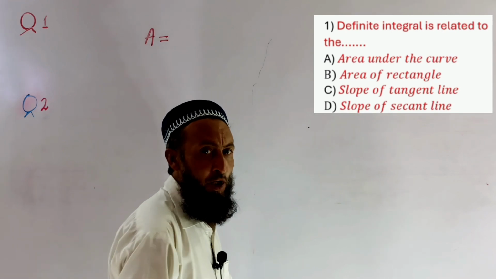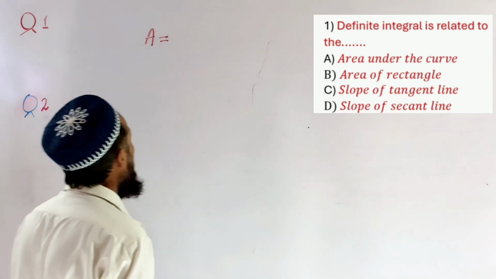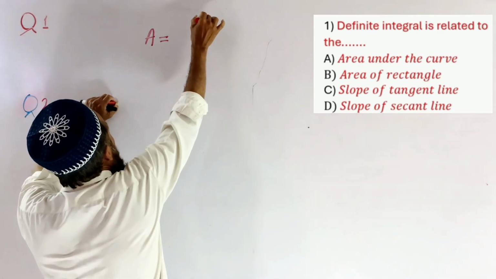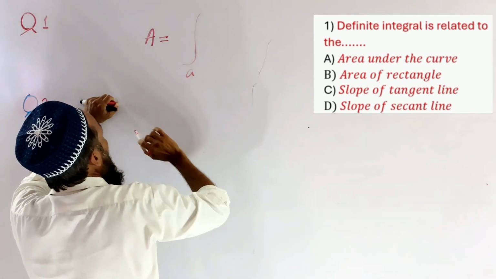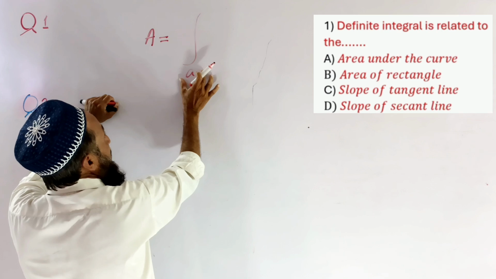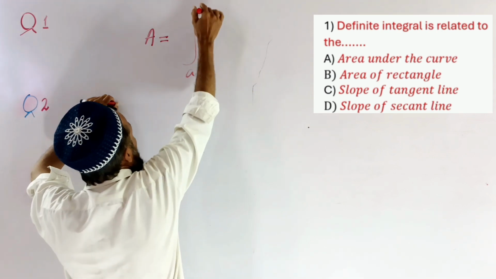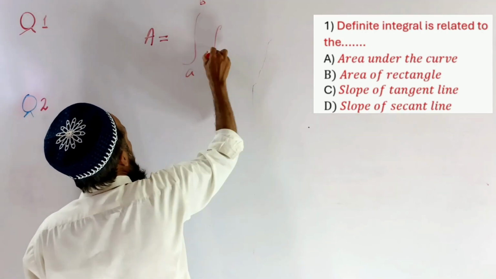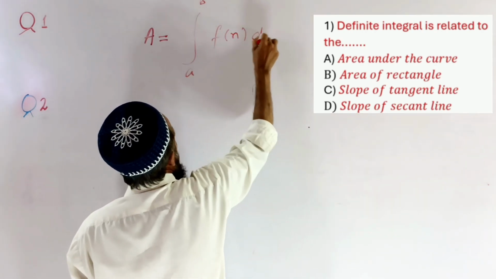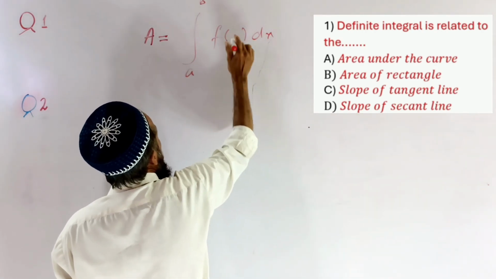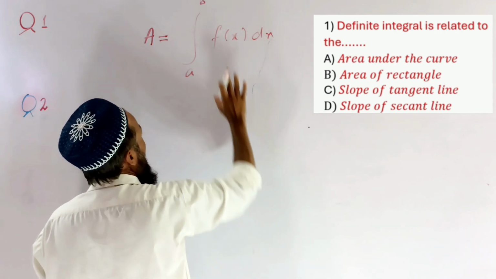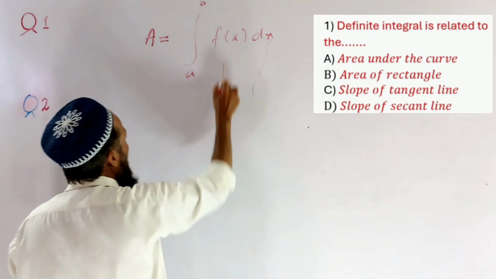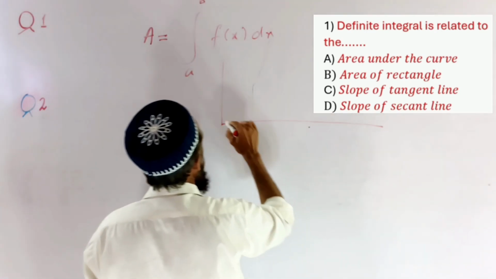I have delivered complete videos. So definite integrals means that the area is divided into subintervals, f of x dx. f of x is any function, and if this function is divided into subintervals, that is called definite integrals.